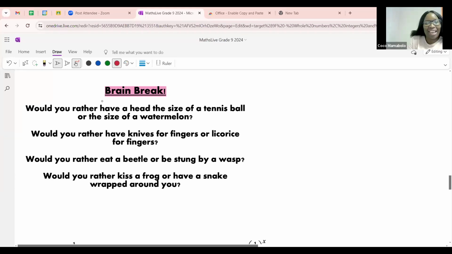Okay, let's do number 2. I like this one. Would you rather have knives for fingers or licorice for fingers? Seth says licorice. Nell says knives. Angel says licorice. I feel like if my hands were made of licorice, I would eat them.